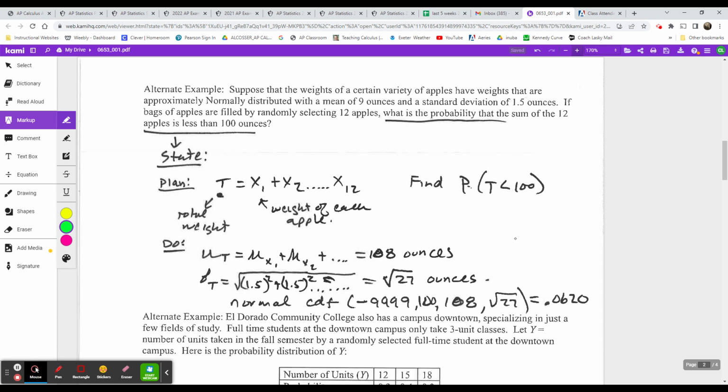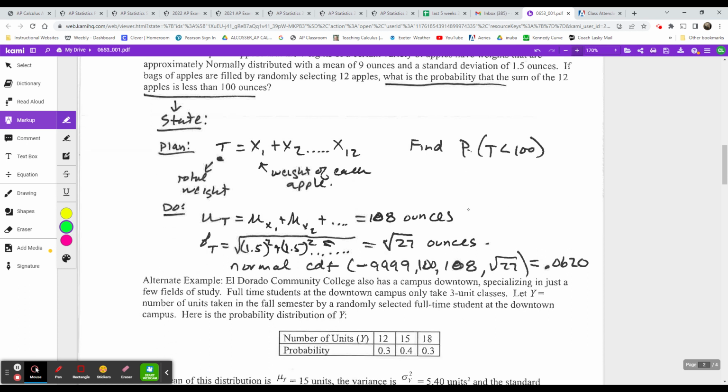So we just keep working that whole idea. This next one wants us to find the probability that the sum of the 12 apples is less than 100. So the probability that the total, T for total, of all the weights of the apples added up, 12 of them, is less than 100. We don't know the value of each apple.